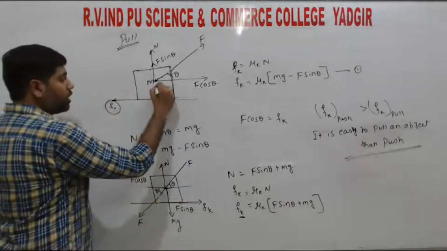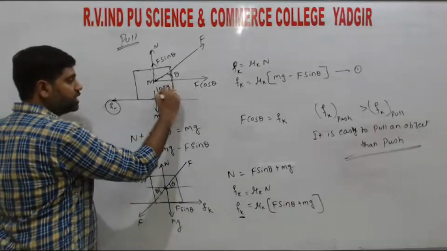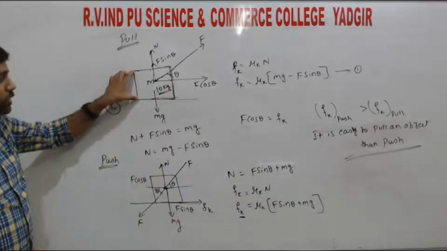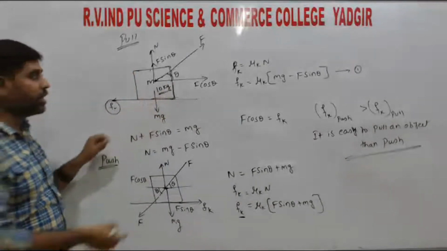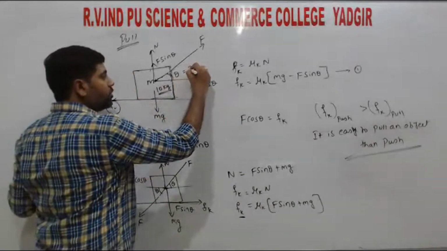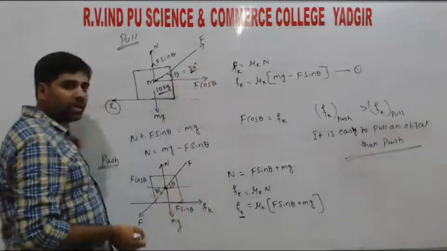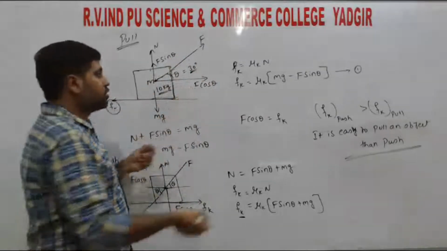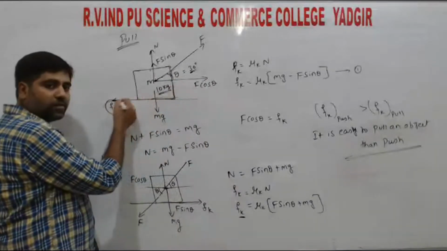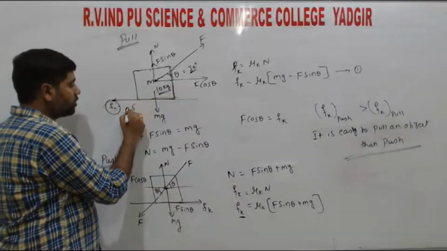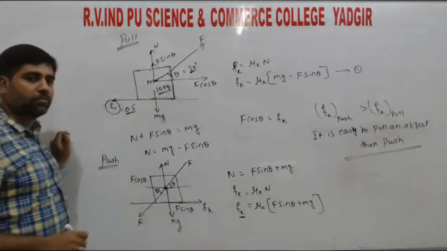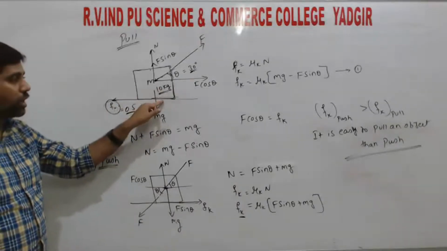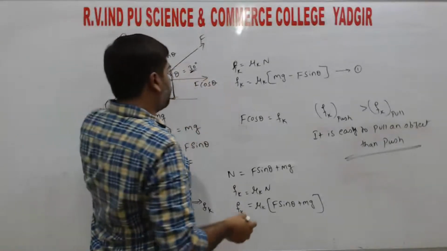Suppose the mass of an object is 10 kg. Some angle theta, we consider 30 degrees, at which we apply the force. The coefficient of kinetic friction is constant; we take this value as 0.5. When all values are given, first we find the pull value, right?